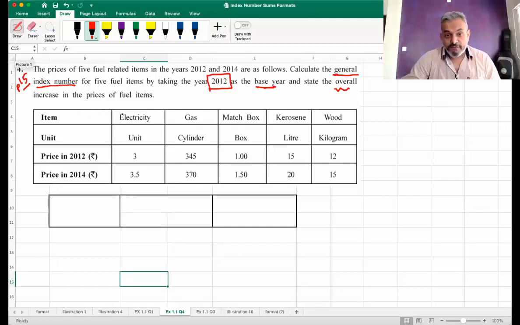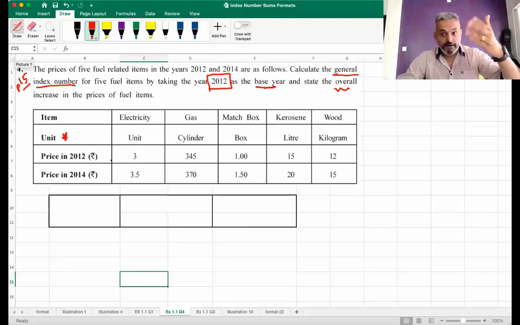We have items of fuel, that is electricity, gas, matchbox, kerosene and wood. We have unit. So electricity is measured in units. Gas, cylinder, matchbox, box, kerosene, liter and wood, kilogram. So these are their units of measurement. Now this unit holds a very important place in the further concepts and sums. So at that time we will see this.